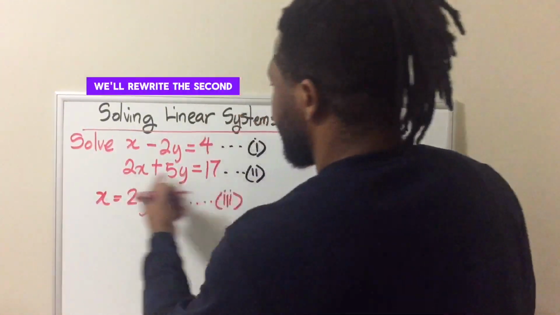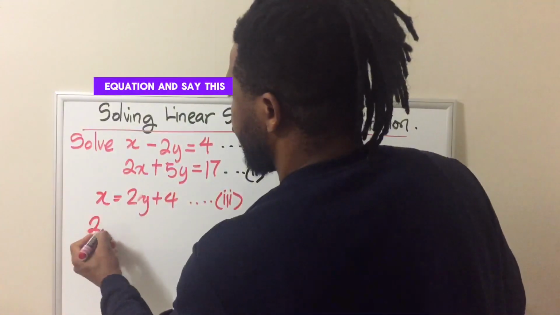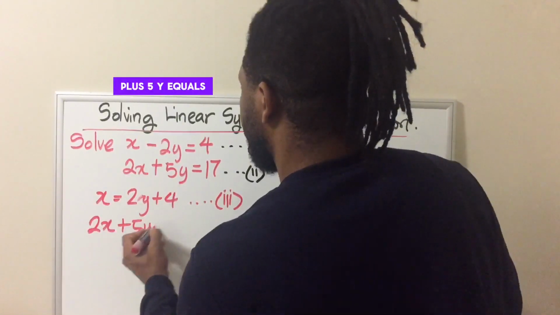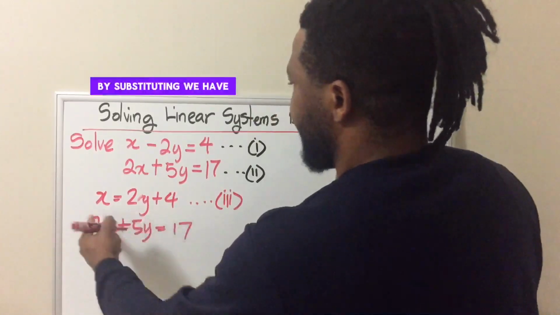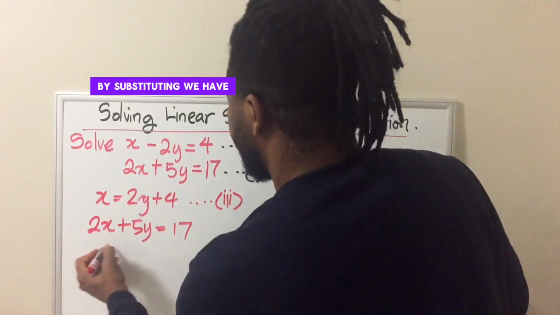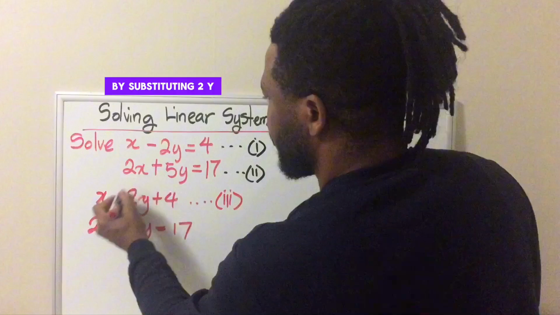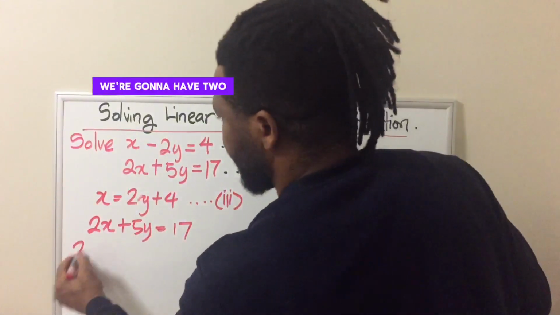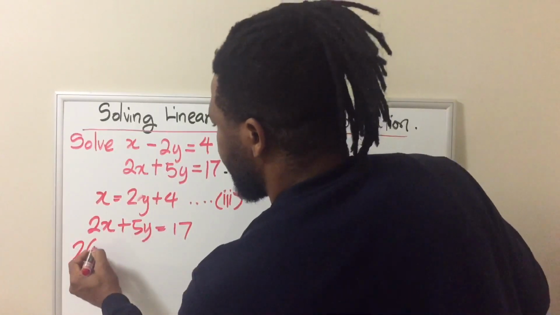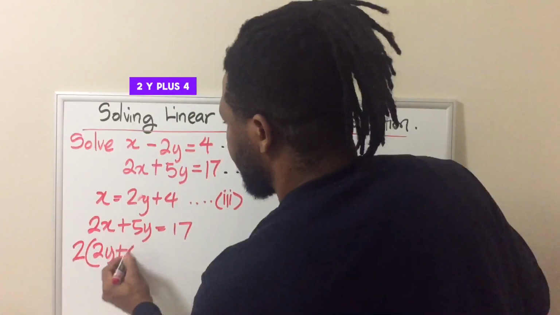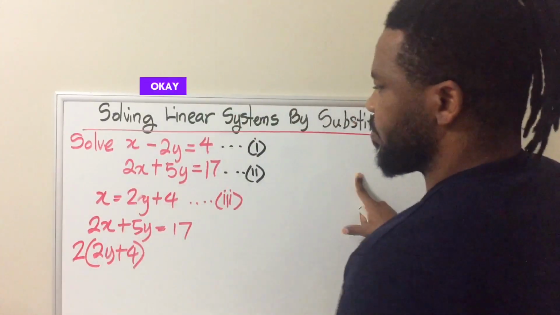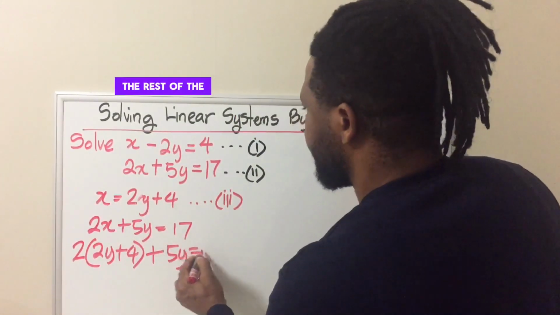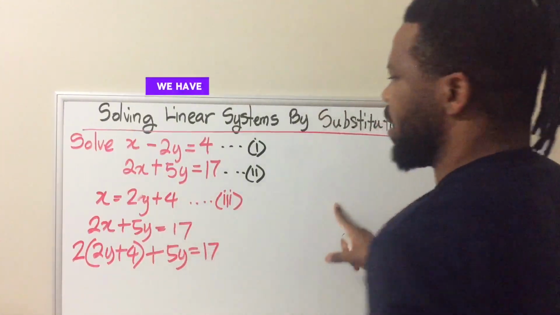So we'll rewrite the second equation and say this is 2x plus 5y equals 17. By substituting 2y plus 4 for x, we're going to have 2 times (2y plus 4). Then we go ahead with the rest of the components that make up the equation. So this is what we have.